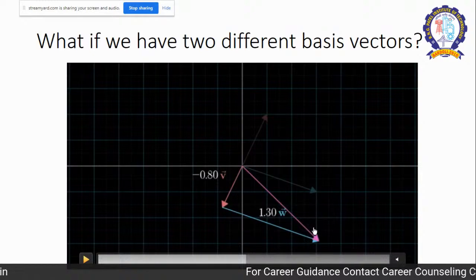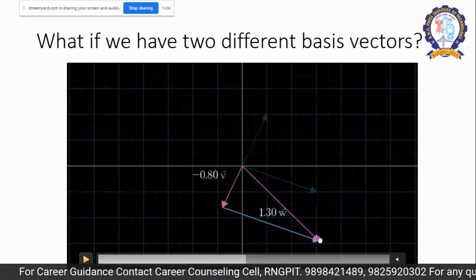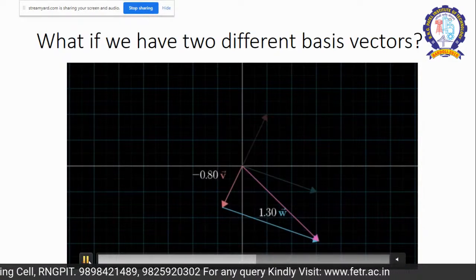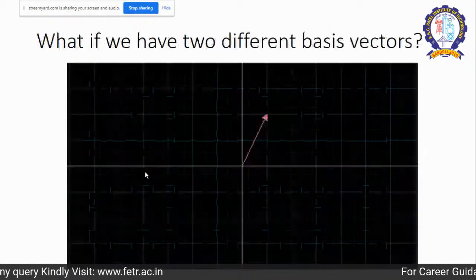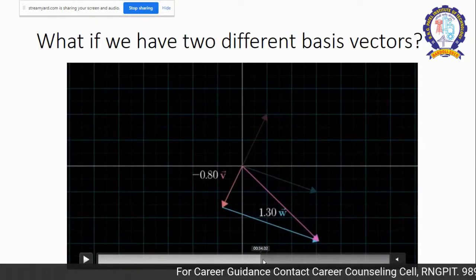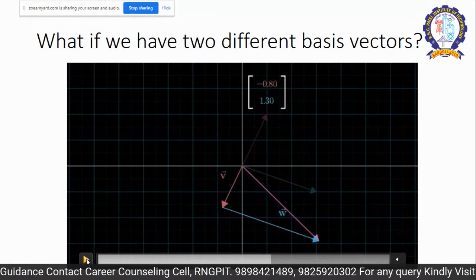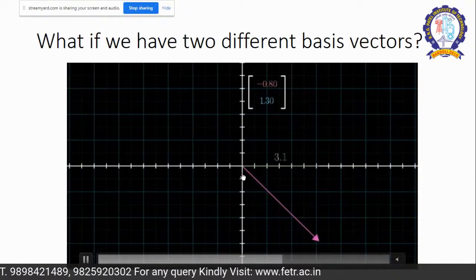Okay, so now this is one vector that we are getting from this one. Now this particular point has the value -0.8 and 1.3. Now we consider the standard basis, which is this one.